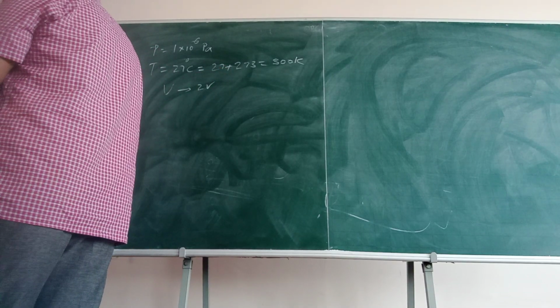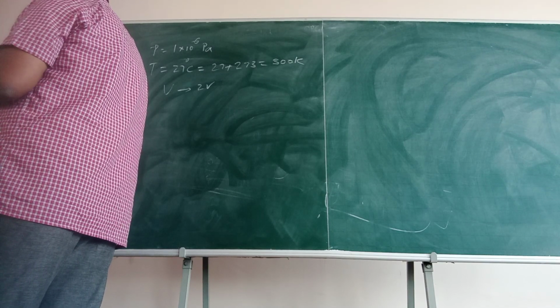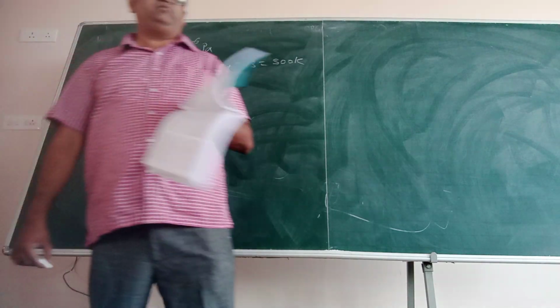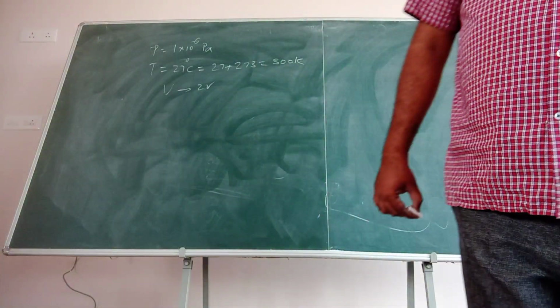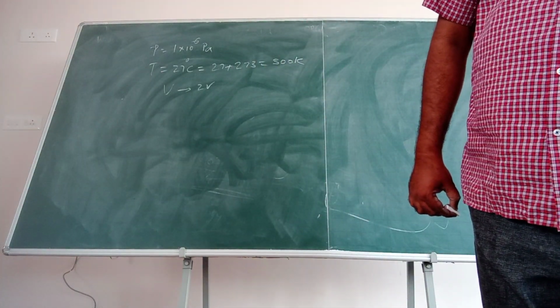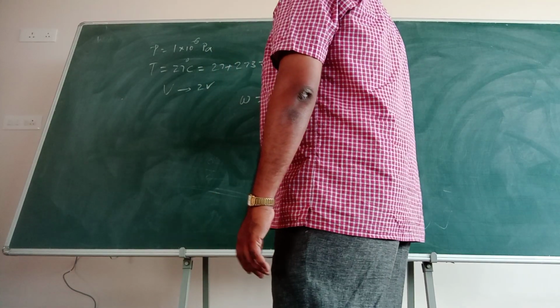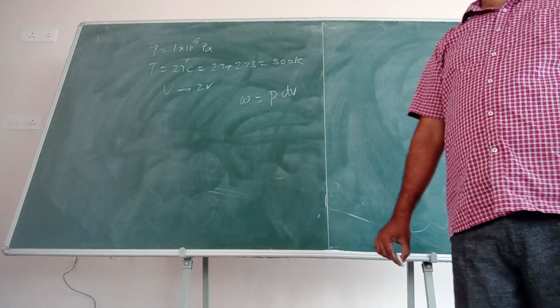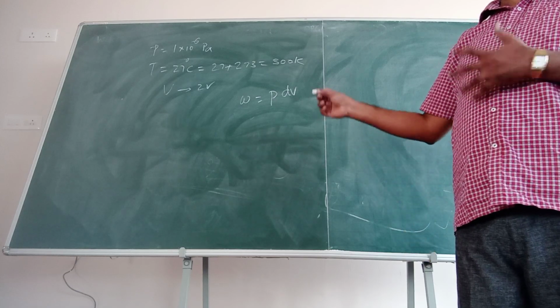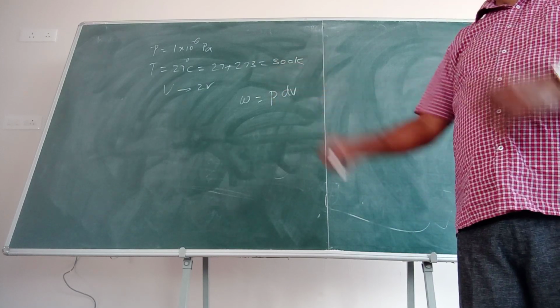He is asking how much work is done. So how do we find the work here? What is the definition of work done? Work done is equal to PdV, P into delta V, the change in volume.